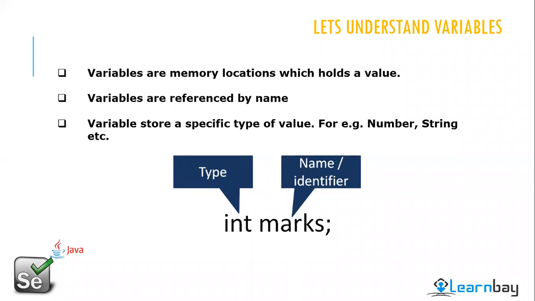So you say the type of the variable as int, and marks is the name of the variable. So you're basically creating a variable of type integer, as simple as that. As you can see, variables are referenced by name. It holds a value, and you can say what type of variable you want to store.